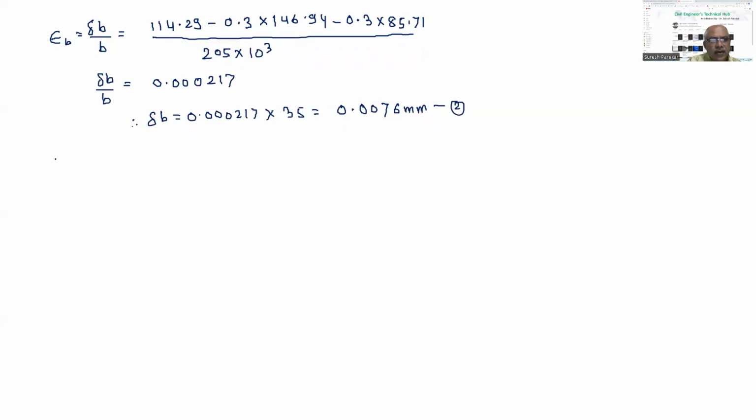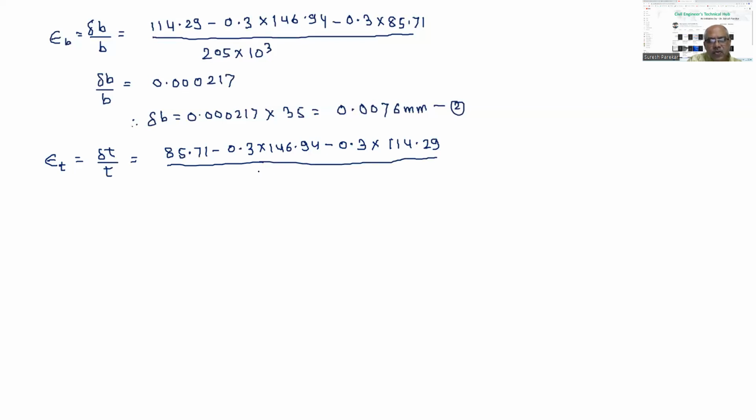And then third we have epsilon T, delta T by T, and the change we have is 85.71 minus 0.3 into 146.94. Just check it in calculation. I have taken 205 or 200, please. If it has been considered 200, then please consider it as 205 and you can solve this. So we have 205 into 10 raised to 3.